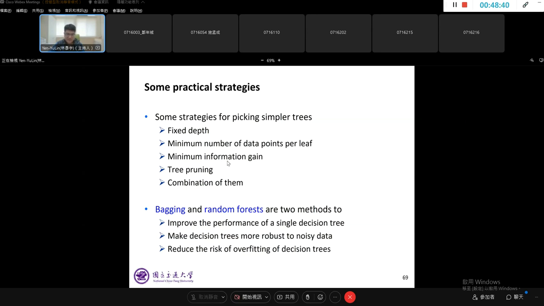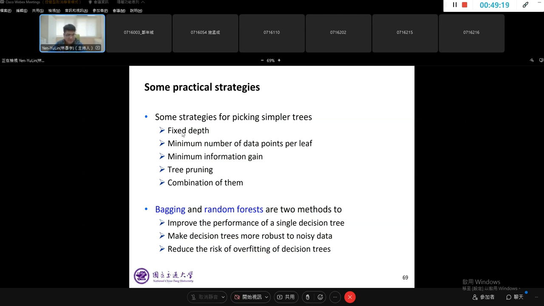Once we cannot sufficiently increase information gain, the process of split should be terminated. The fourth strategy is called tree pruning. Once we grow the huge tree, we can apply some heuristic rule to reduce the size of a decision tree. Here are some widely used strategies to control the size of a decision tree. In practice, we can use a combination of these four strategies.